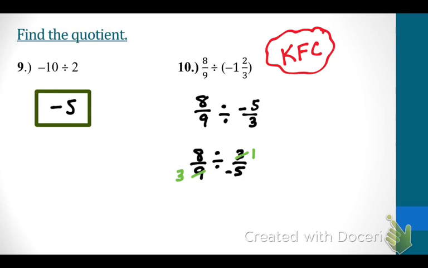Very good. Would you multiply that out for me, please? Sorry, I wanted to change that to a multiply. 8 times negative 8, and then 3 times negative 5, negative 15. Excellent. Can that be reduced? No, it cannot. So my final answer is negative 8/15.